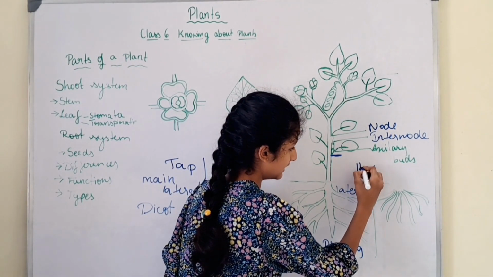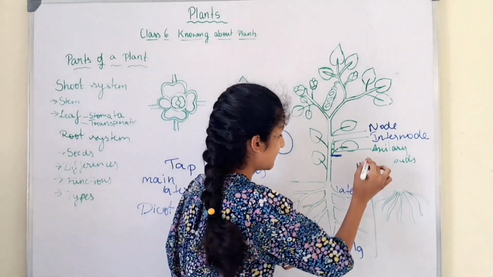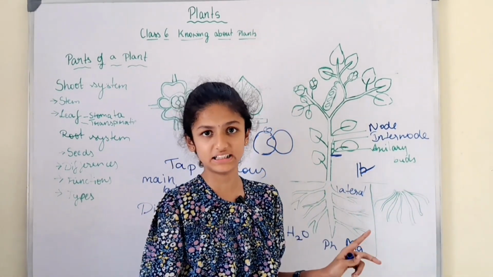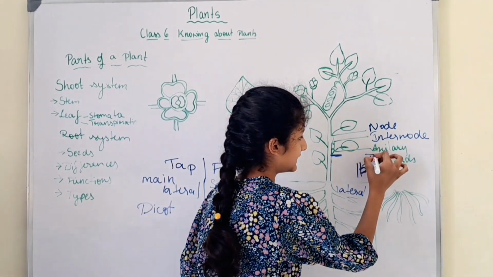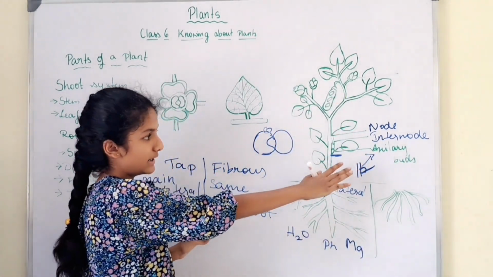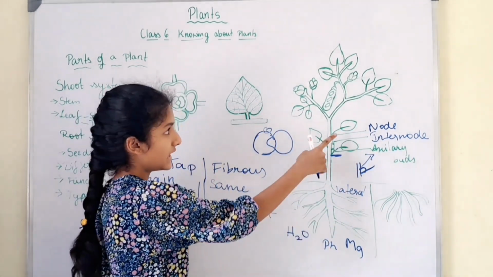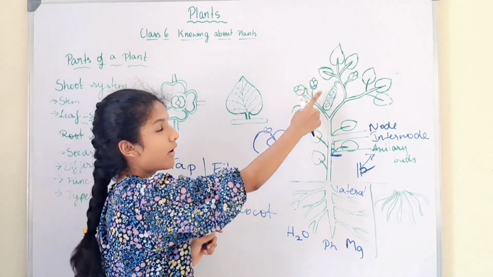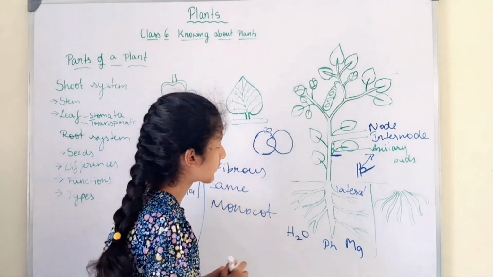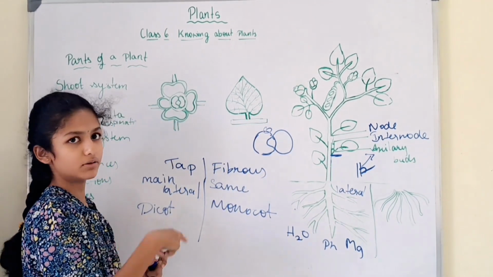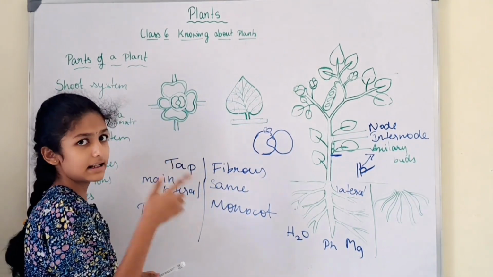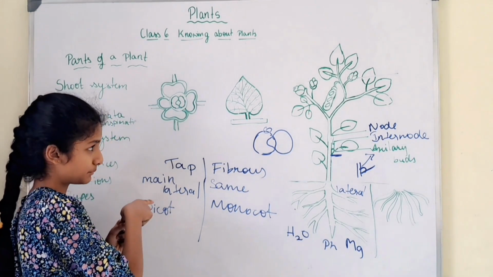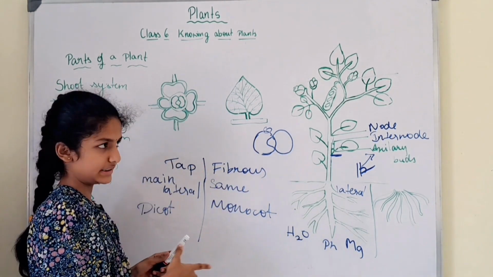This angle is known as the axil. If any bud is present here, it is known as an axillary bud. And the bud present at the top of the stem is known as the apical bud or terminal bud. We know what an internode is, what a node is, axil, axillary bud, and apical or terminal bud.